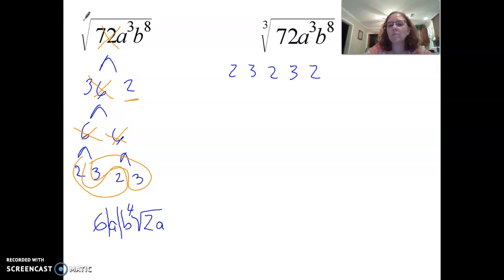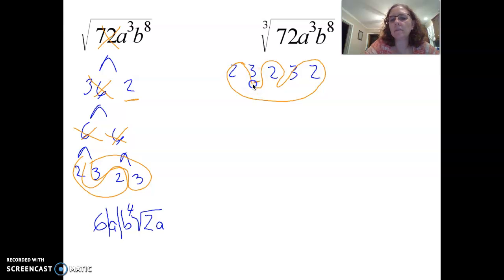So we circled pairs. Well, a cube root is 3 because cube means a number times itself times itself. There's 3 of them. So when we get ready to do our circle, instead of circling pairs like we did before, we're going to circle groups of 3.